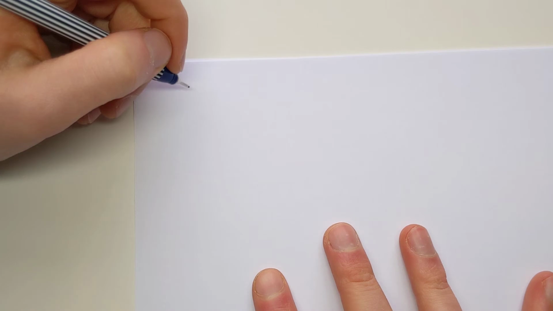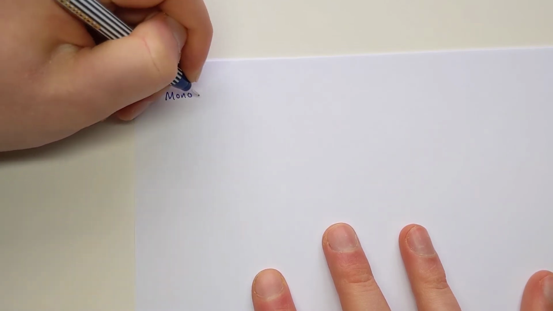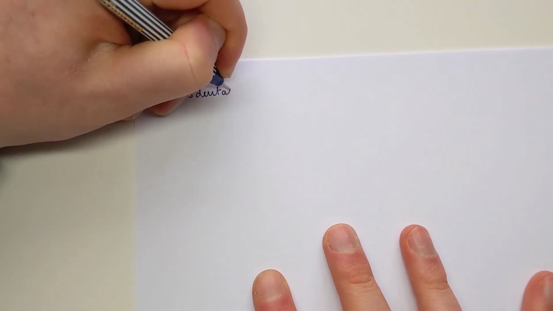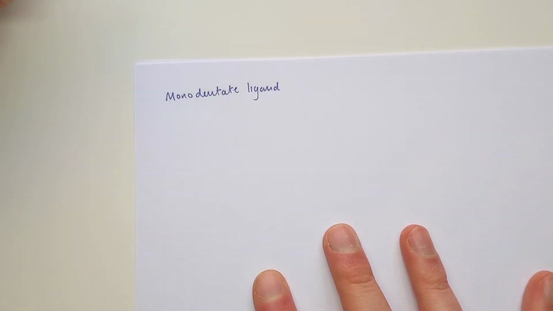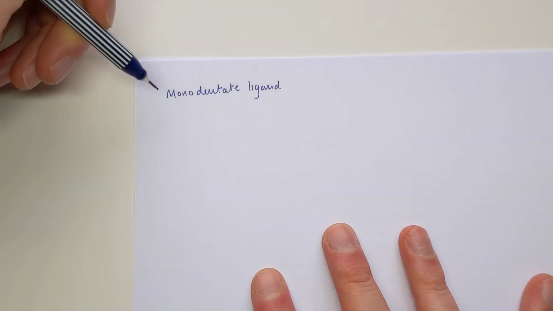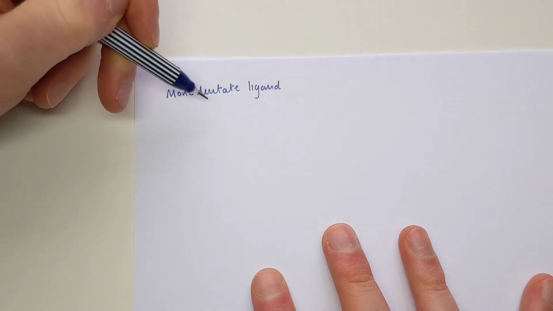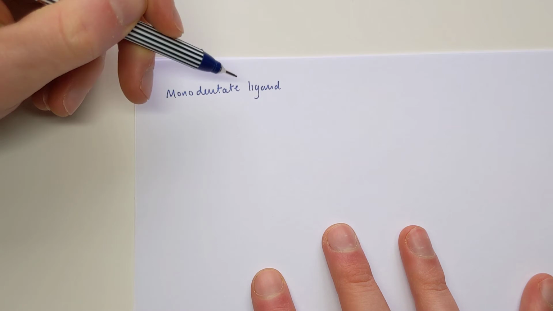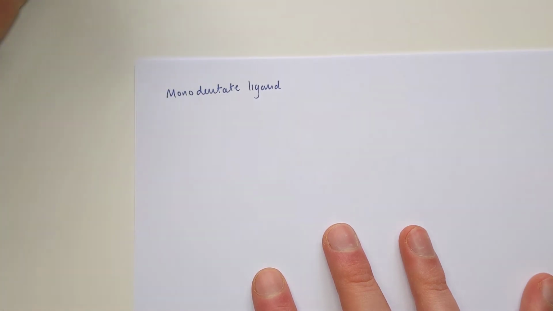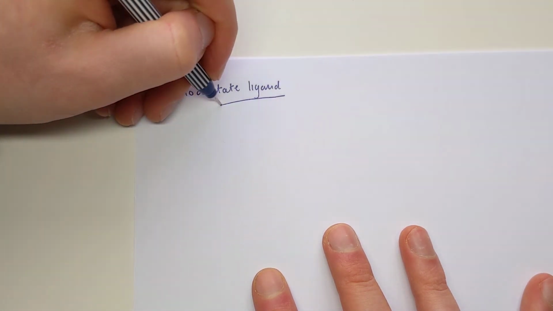The first type is the monodentate ligands. Now breaking down that word monodentate, mono means one. Dentate comes from the idea of teeth, like your dentures. It means one tooth ligand. A one tooth ligand, a monodentate ligand, can form one bond or can bite 1 time to a metal ion.